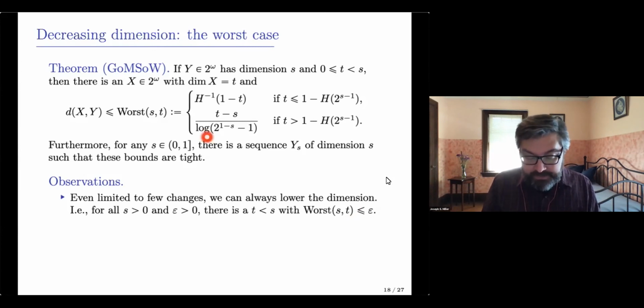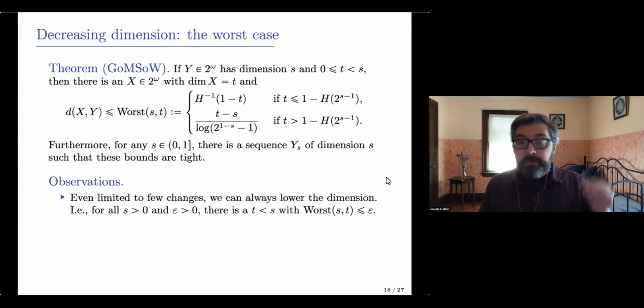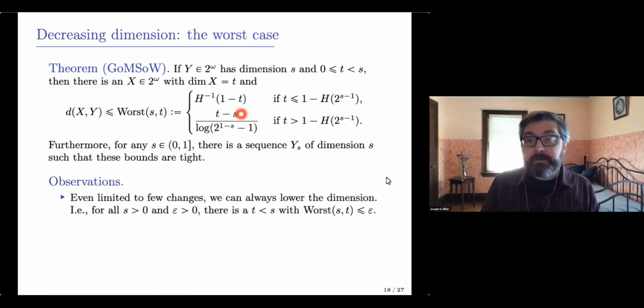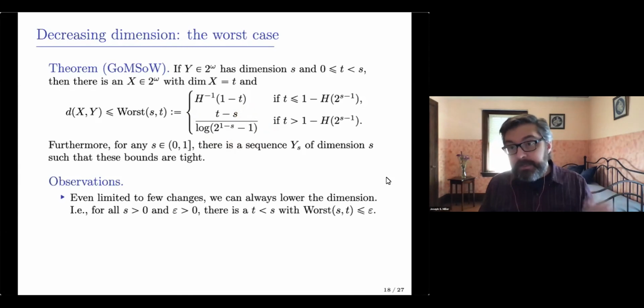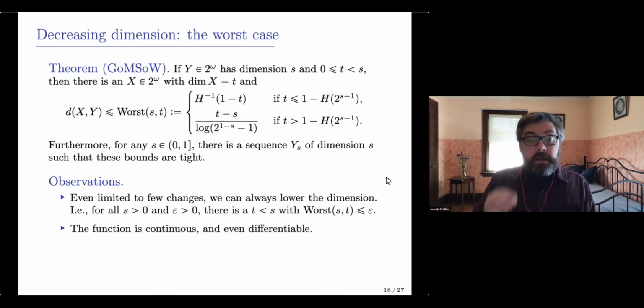Well, look at this term here. As t approaches s, t only appears in the numerator, and the numerator approaches 0. So this is approaching 0 as t approaches s from below, and that's what this observation is saying. It needs to be checked, but the function is continuous and even differentiable, as long as you stay away from s equals 0, where weird things happen, but don't worry about that.